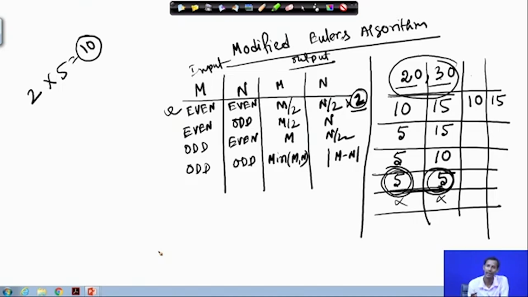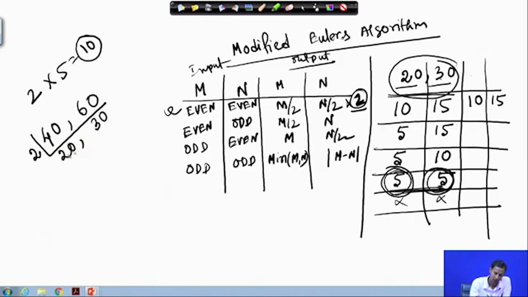Now, let us consider another case where I can find more of this. If I consider 40 and 60, then for this particular case initially it will be 20 and 30, then 10, 15, then 5, something like this.